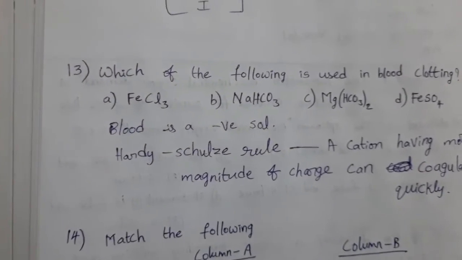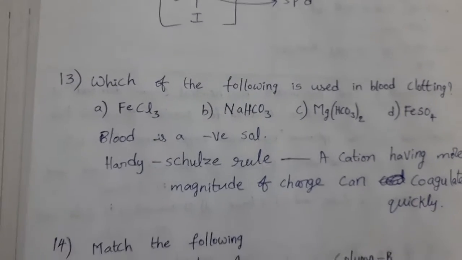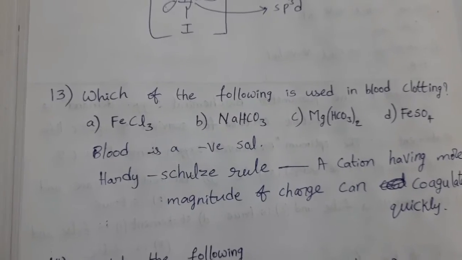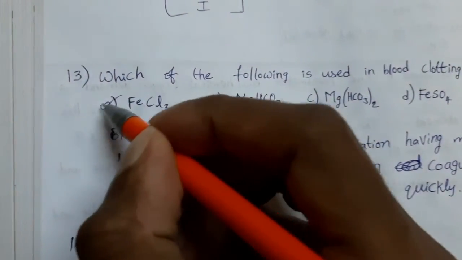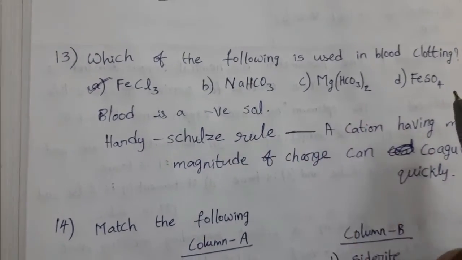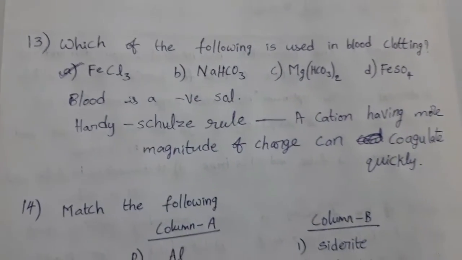So in this given set of compounds, Fe3 plus ion is present in FeCl3. So it can coagulate blood easily compared to the remaining ones. Option A is the answer.